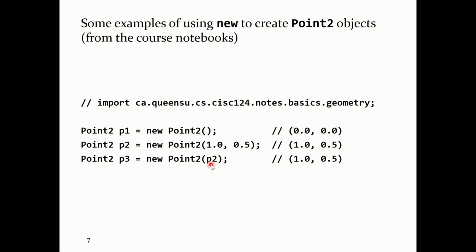The third one, I pass in a reference to another point, the point P2. That third constructor copies whatever the coordinates are of P2 and gives you back a new point having the same coordinates. The first one is called the no argument constructor because it has no arguments. The last one is called a copy constructor because it copies another point2 object. The middle one doesn't have a special name. It's just a constructor.